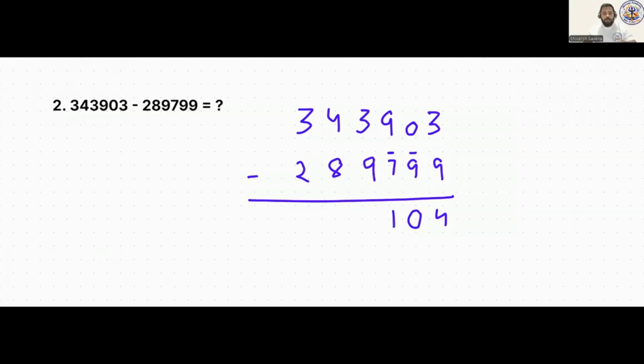Add it with 3, so it makes 4. Adding a bar over here, this makes it 9. Complement of 9 is 1. Add it with 4 makes it 5. Adding a bar over here. Now, the digit in the minuend and subtrahend is the same. So 3 take away 3 is 0. 54,104 is our final answer.